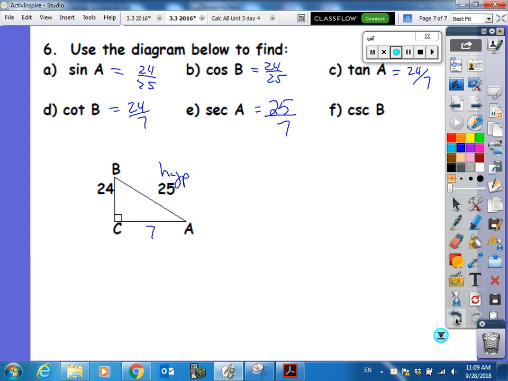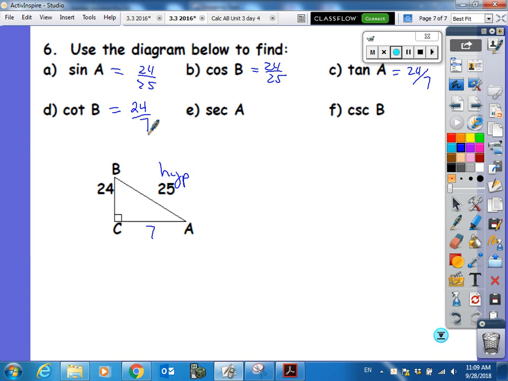Oh, where am I? Which one? Cotangent of B. 24/7? Did I not write that? What did I write? Is that not right? Cotangent of B is adjacent over opposite.